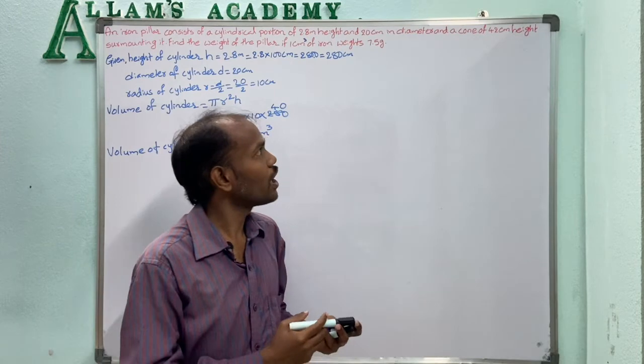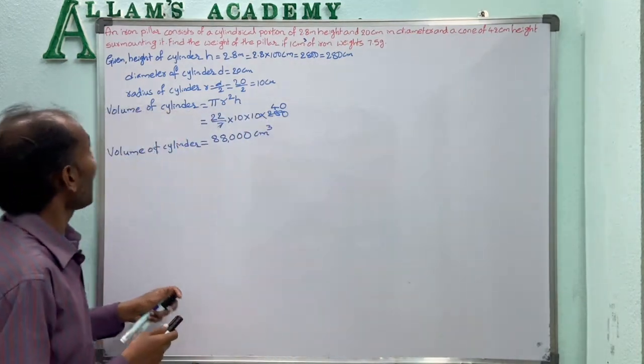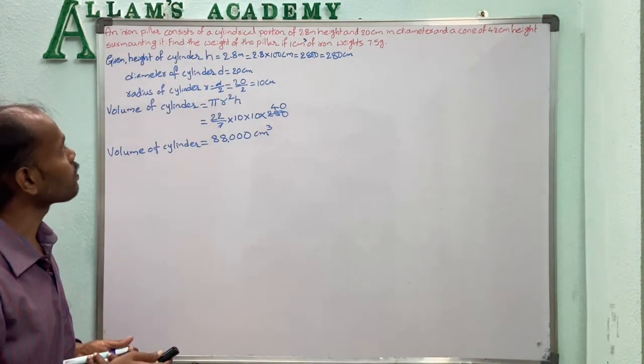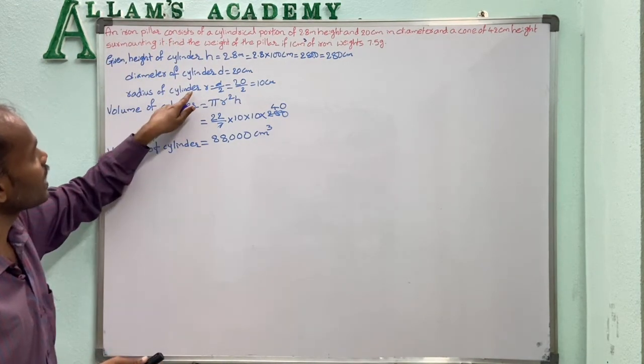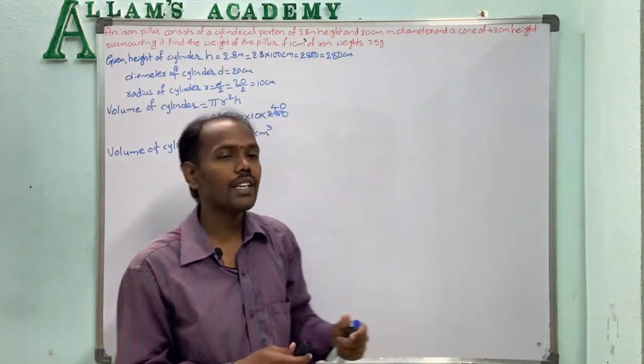Now we are finding the volume of the cone. The height of the cone is given as 42 centimeters, and it is surmounting the cylindrical portion only. That means the radius of the cylinder and the radius of the cone are equal.